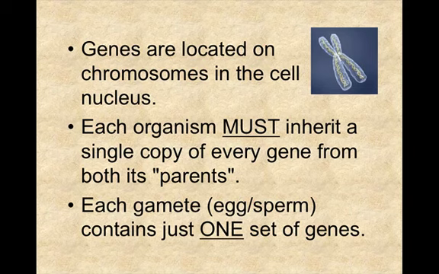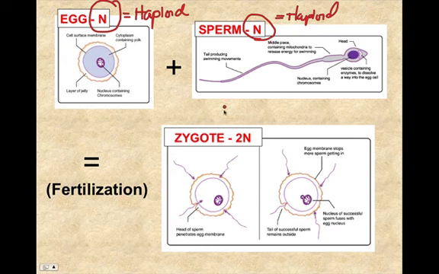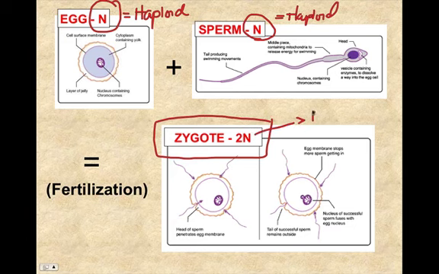So the egg, which has the label of N, and N is haploid, combines with the sperm, which is also N, which is haploid. You end up with a zygote after fertilization, which is 2N, and that is diploid.